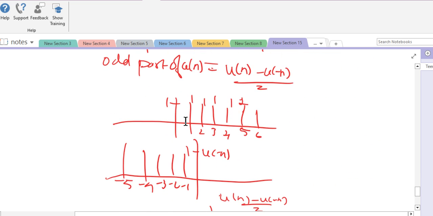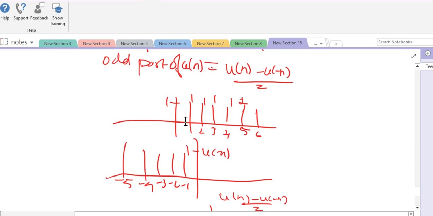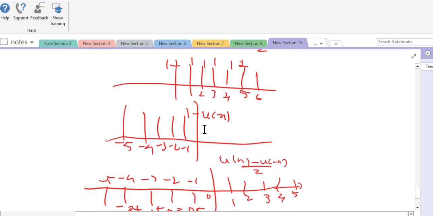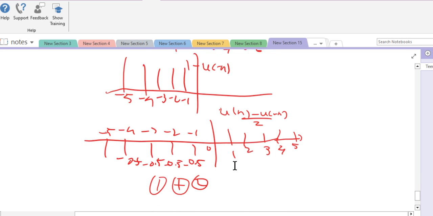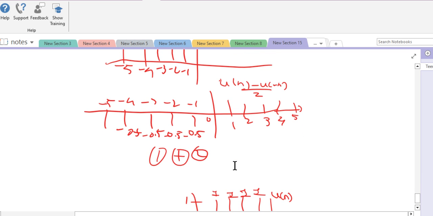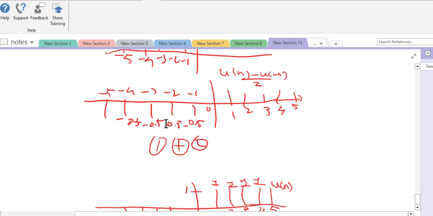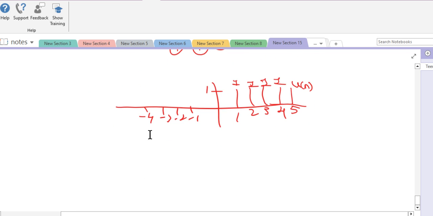Odd part graphs of u of n: minus 5, minus 4, minus 3, minus 2, minus 1.